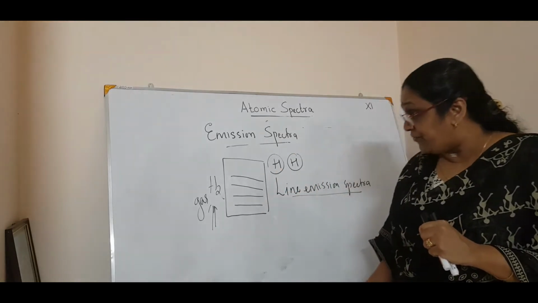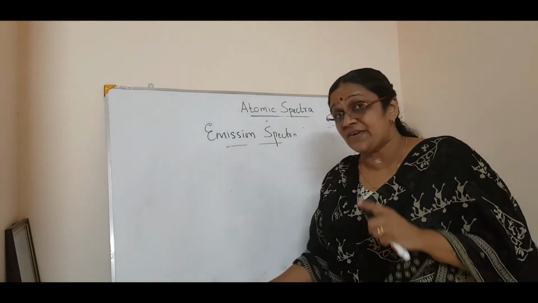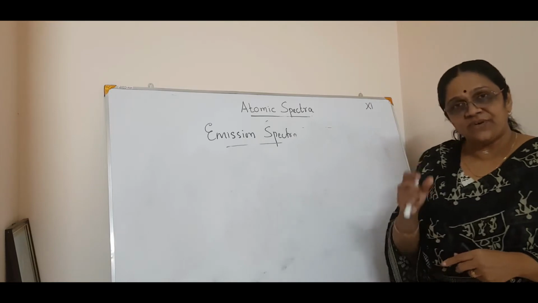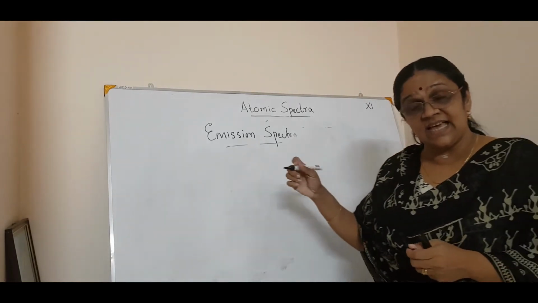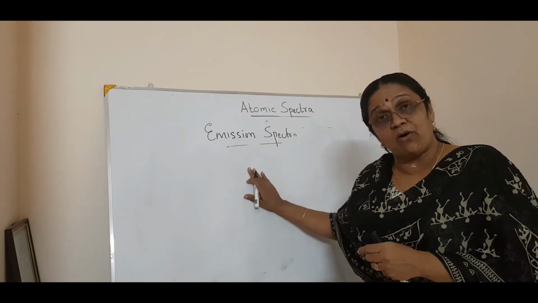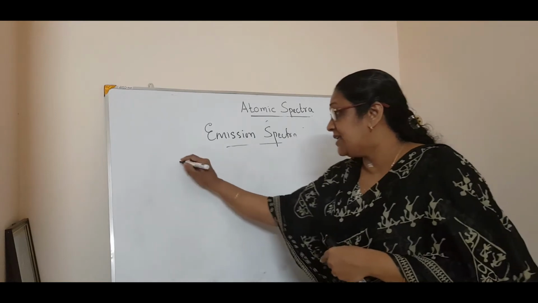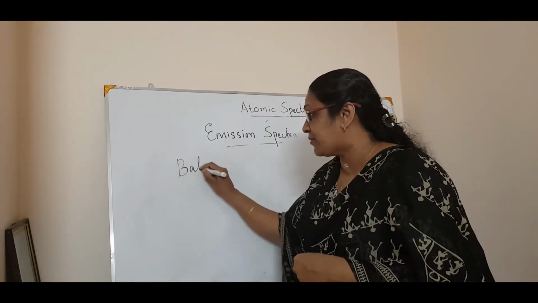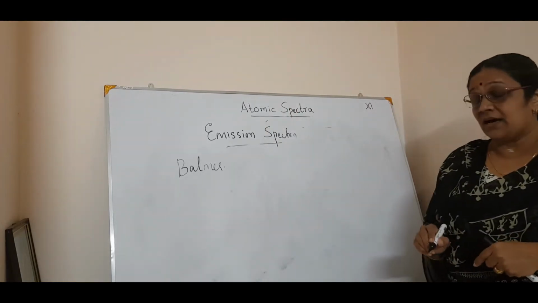Okay. Now the first scientist who observed the lines in the visible region in this line spectrum of hydrogen was a Swedish spectroscopist.